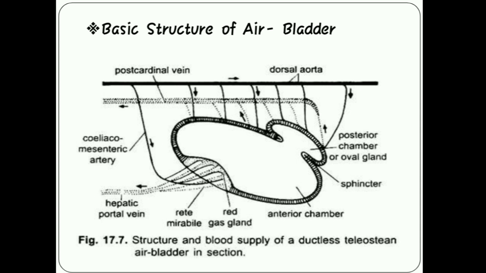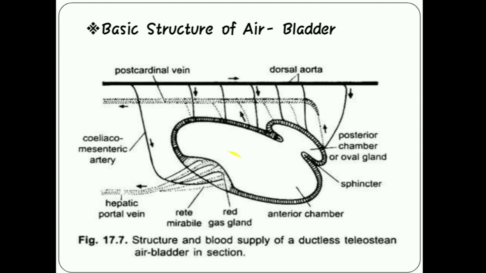Now we are discussing the anterior chamber. The anterior chamber is made up of two connective tissue layers. The outer layer is called the tunica externa and the inner layer is called the tunica interna. This layer is covered by many blood capillaries.